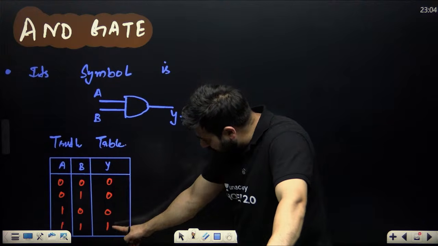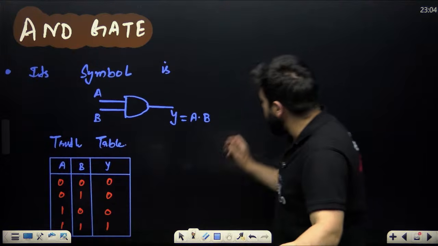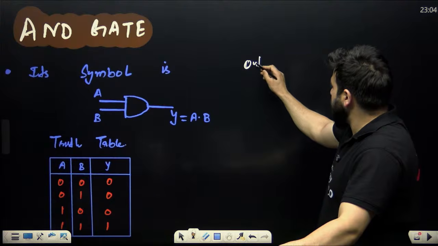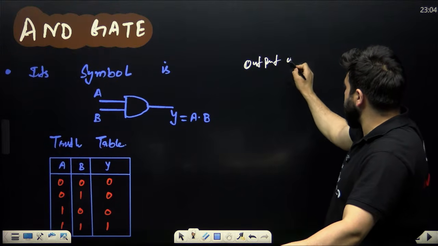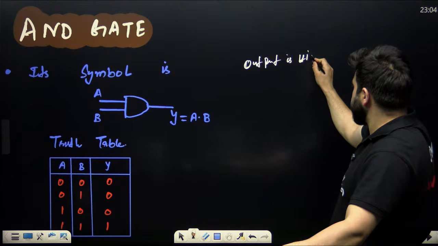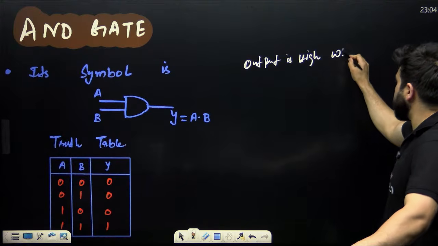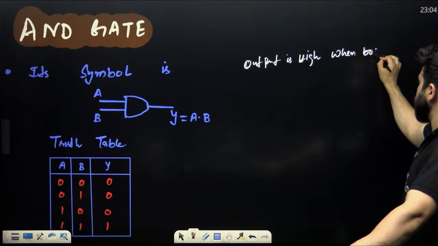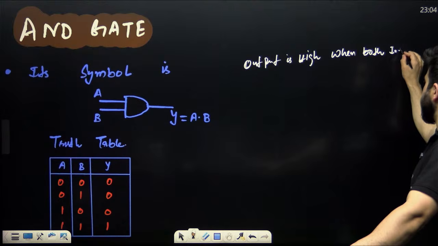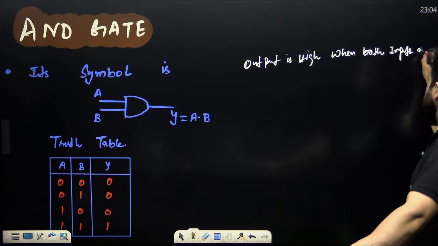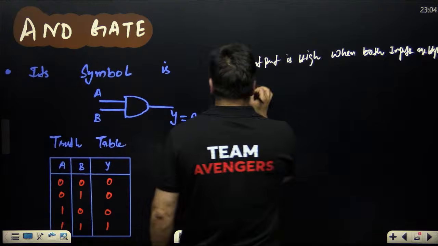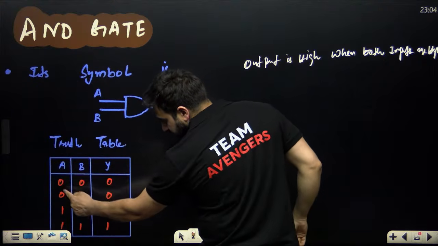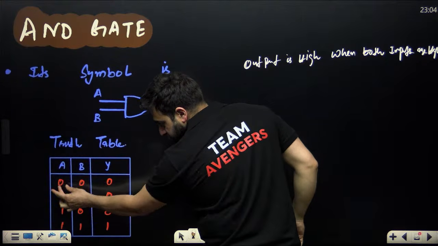Output is high when both the inputs are high. Output is low when any of the two inputs is low. Here this is low, low, low.